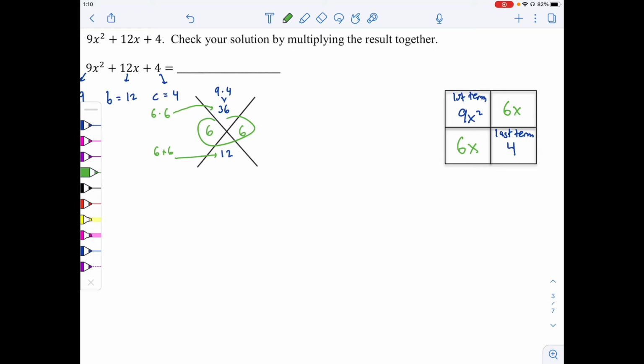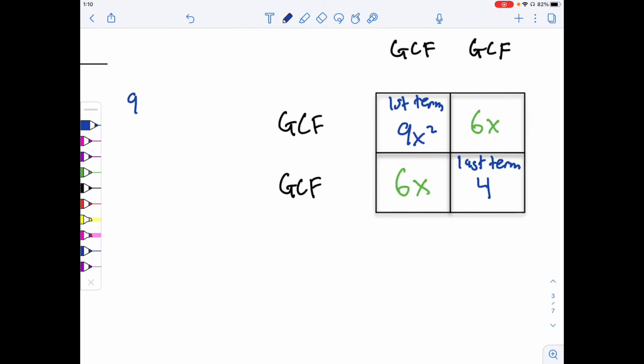Then we're finding the GCF. We have to find the GCF for each row and each column. Okay, let's do the first one. First row, we have 9x squared and 6x.